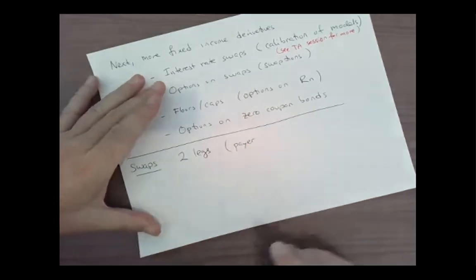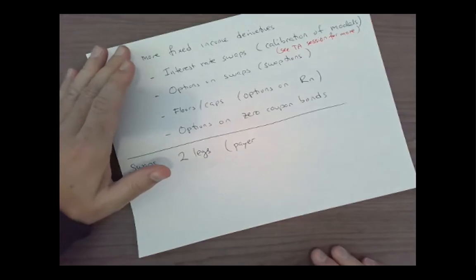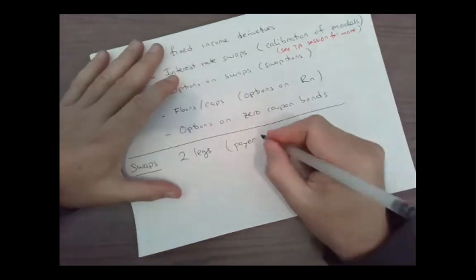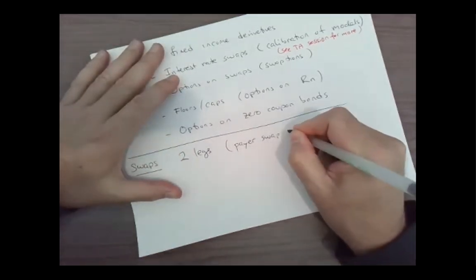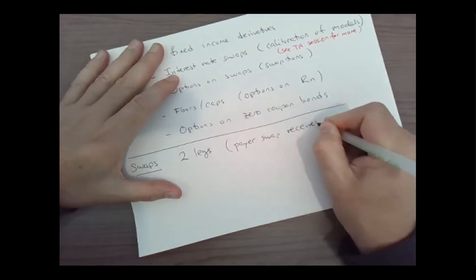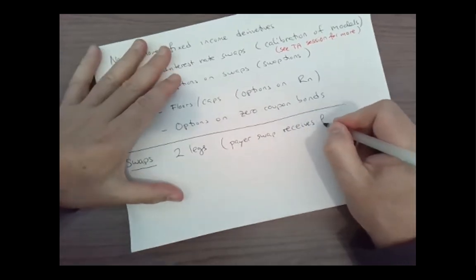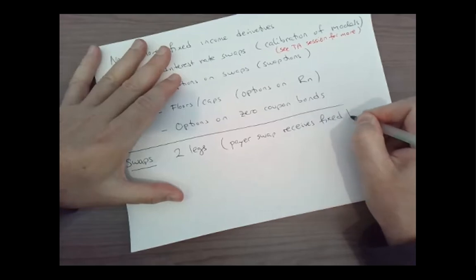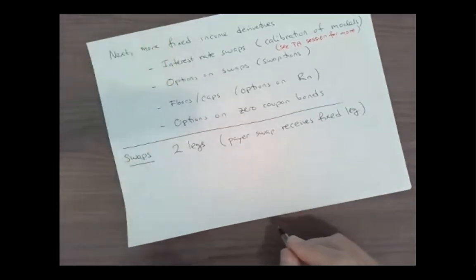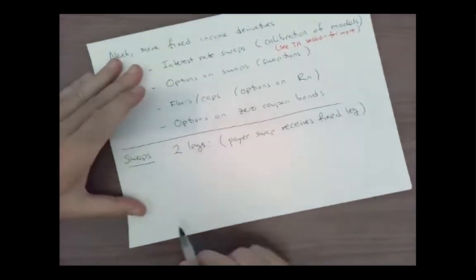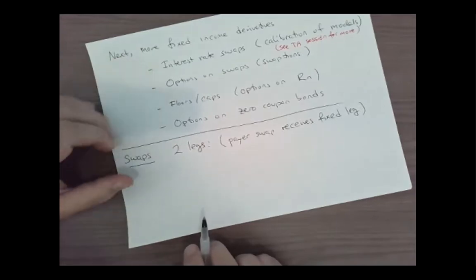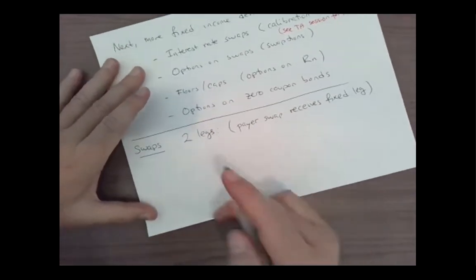A payer swap receives the fixed payment, the fixed leg. So there are 2 legs: there's a fixed and a floating.